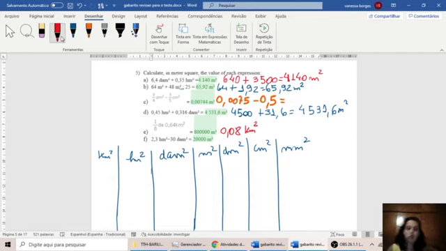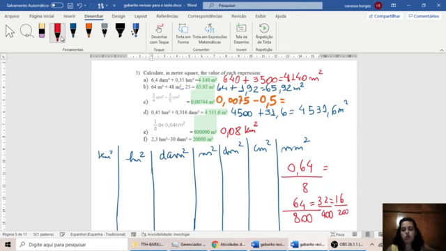I didn't do the division correctly. It's 0.64 divided by 8. So I multiply by 100. 64 over 800. 32 over 400. 16 over 200. 8 over 100. Yeah, it's right.